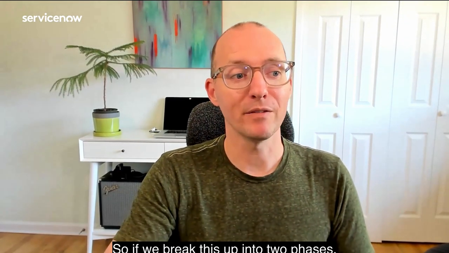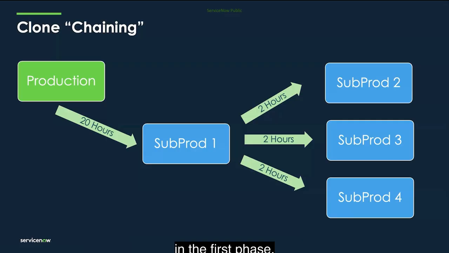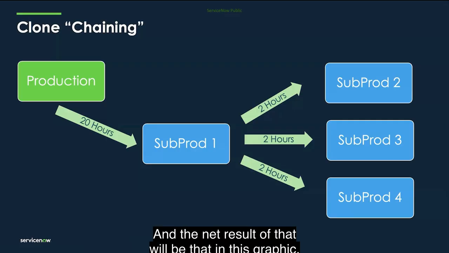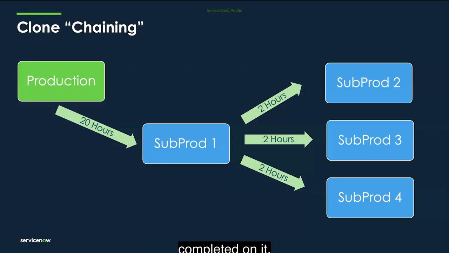So if we break this up into 2 phases, we can run all of those expensive, long-running operations in the first phase. The net result will be that in this graphic, subprod 1 would be a much smaller instance and would already have any of those data modification jobs completed on it.